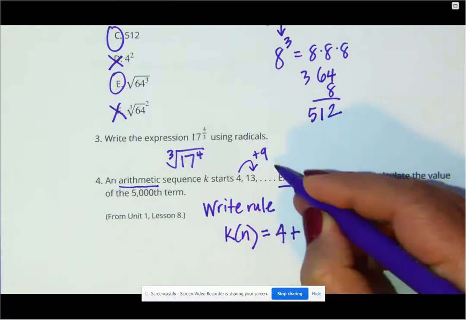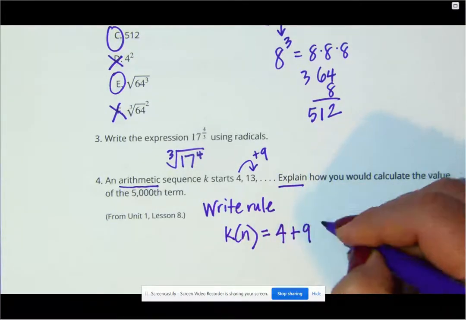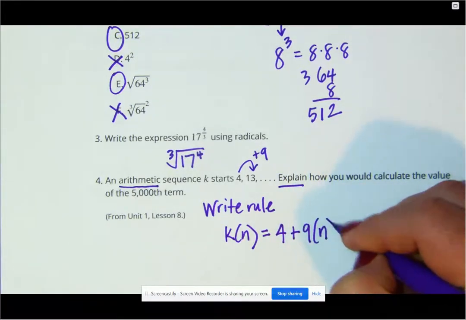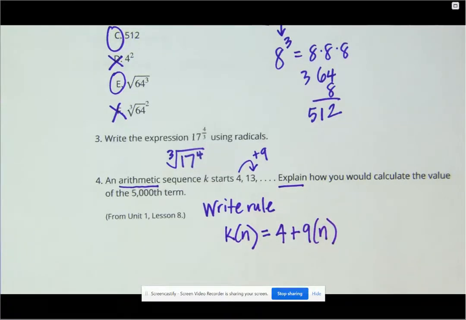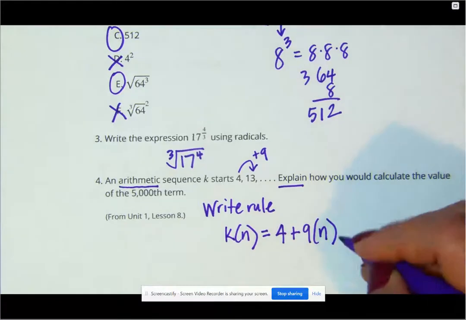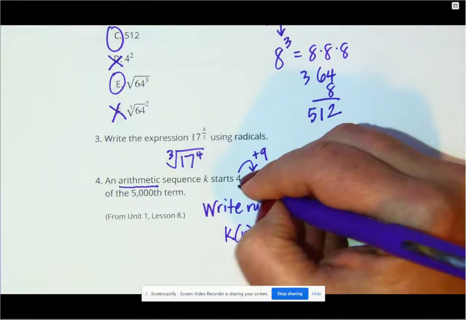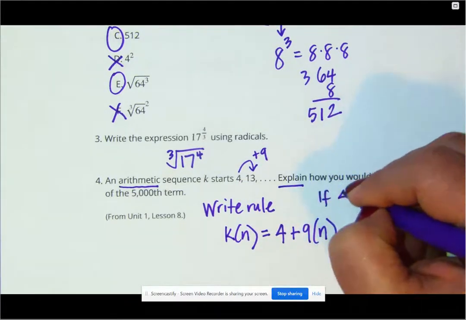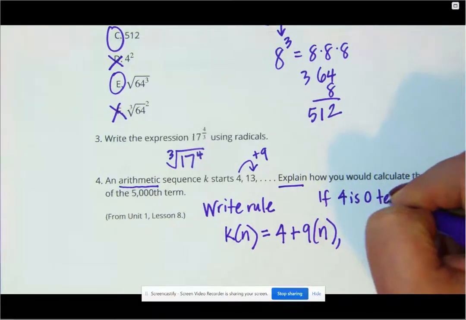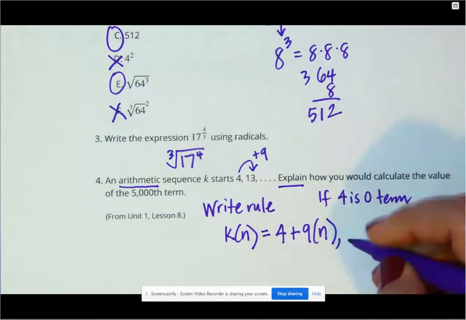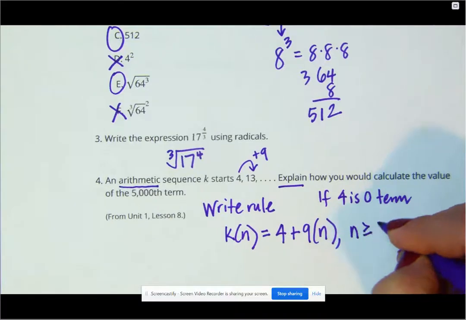And how much am I going up by each time? 9 times the step number. Now, remember, we have to state, are we calling this the 0 term or the first term? It all depends on how you define it. I'm going to assume that this is the 0 term. If 4 is the 0 term, okay, we're going to call that the 0 term, then I'm going to say n greater than or equal to 0.